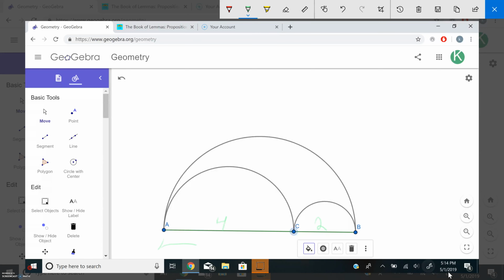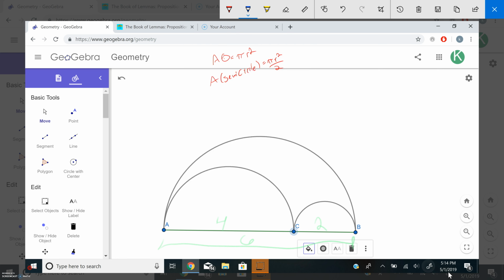So for area of a circle, it is pi r squared. So area of a semicircle is pi r squared divided by 2.